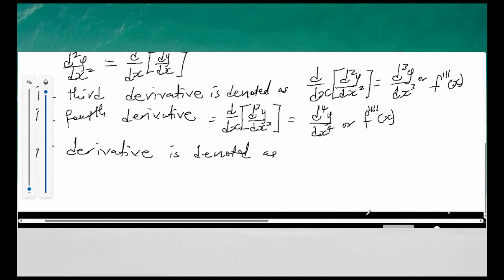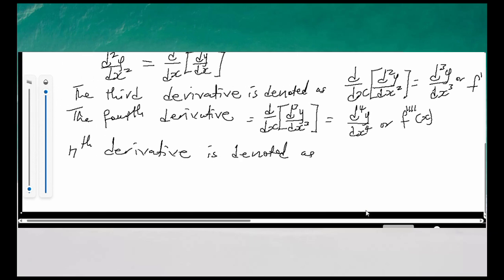Then from this, we can deduce that the nth derivative is going to be d to the power n of y all over dx to the power n, or probably f of n, then x.